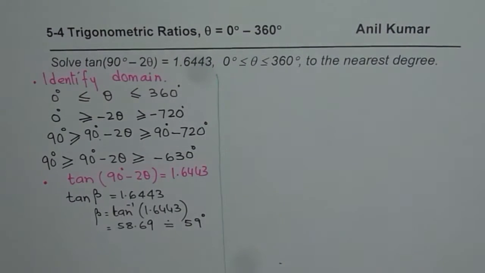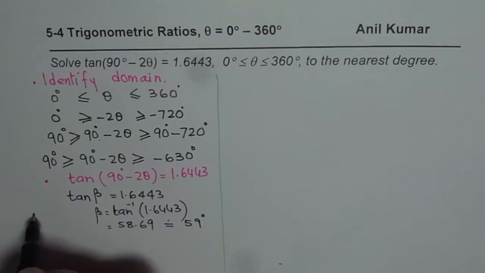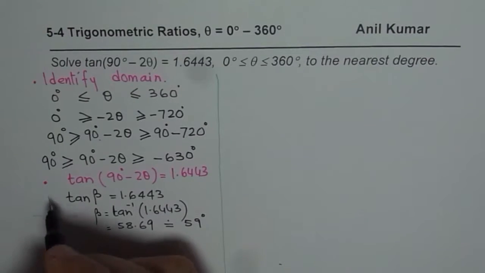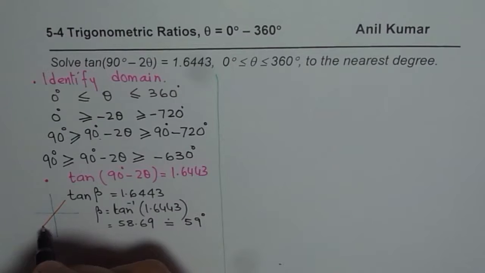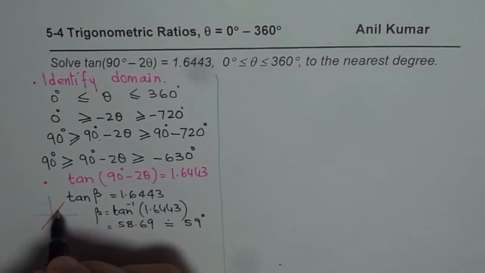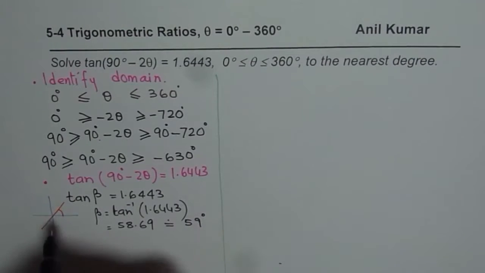Now let's look into it. For tan, what is true? Tan has a period of 180 degrees, and tan is positive in quadrant 1 and in quadrant 3. Now what we found was that angle beta is 59 degrees.